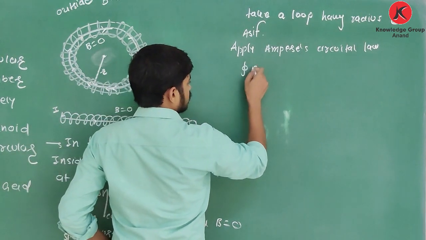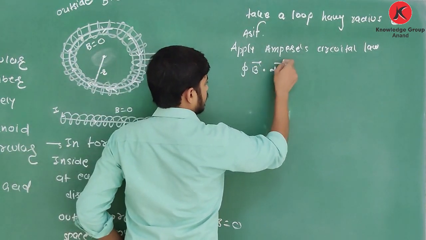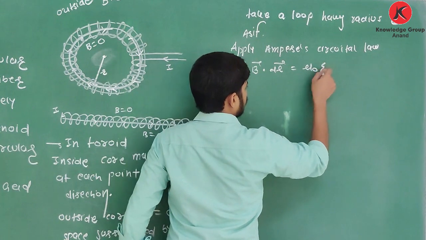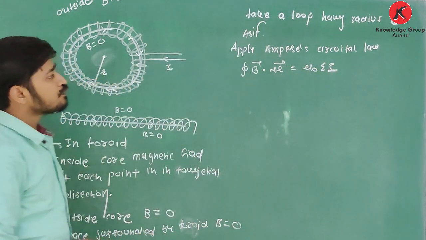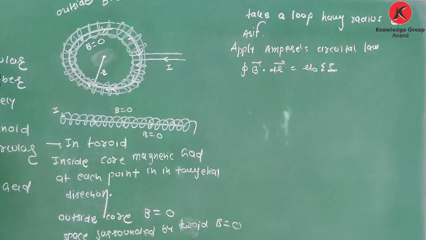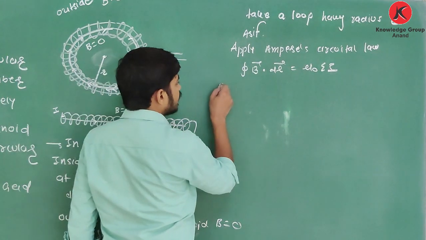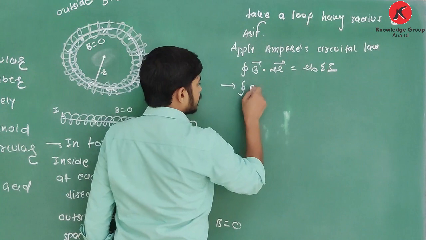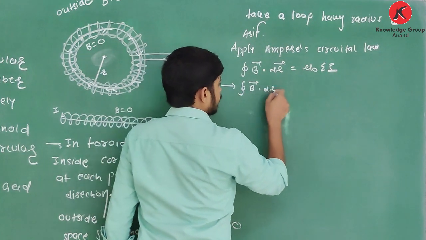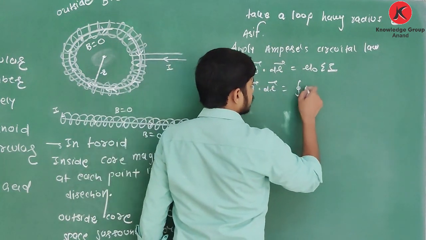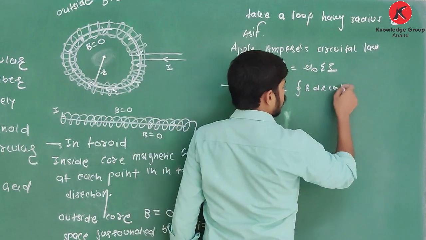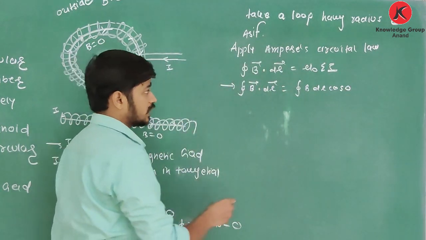Integration of B dot dl is equal to mu 0 sigma I. Clear about this? First of all, we will discuss the integration of B dot dl. See, integration of B dot dl is equal to integration of B dl cos theta.